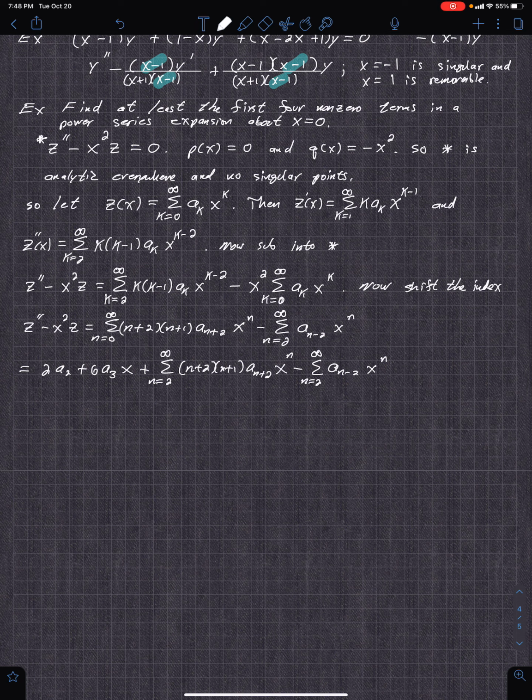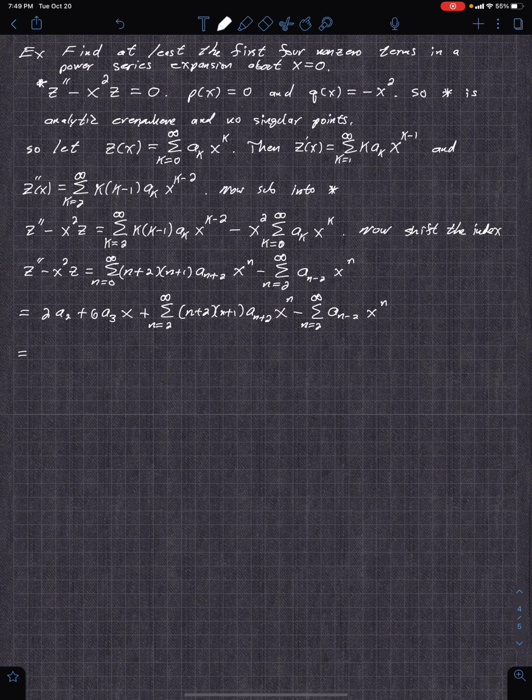So now we can write that as one power series and have this equal to 2a2 plus 6a3x plus, and now it's 2 to infinity.